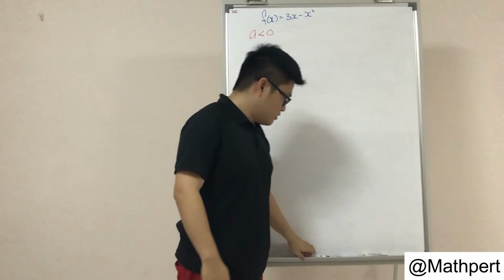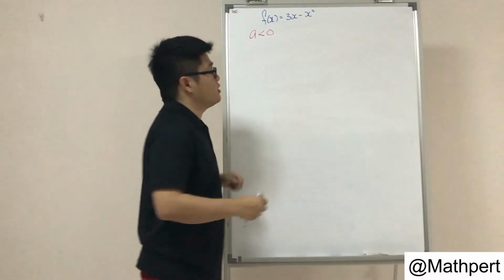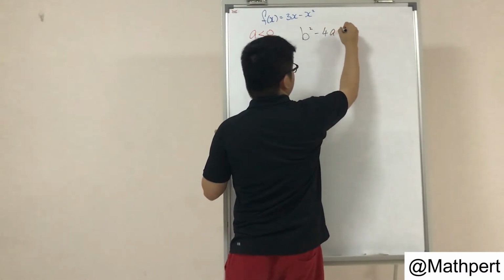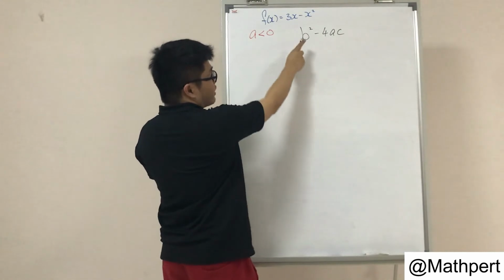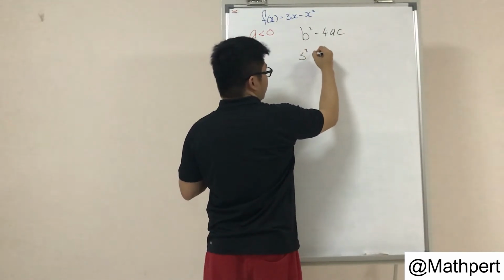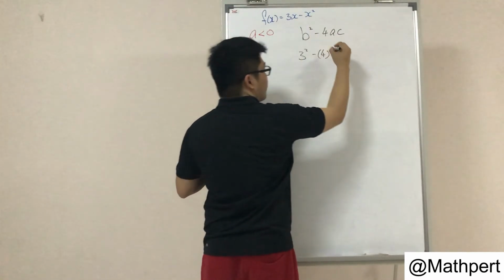Then let us find out the value of b squared minus 4ac. In this case, b is 3, so 3 squared minus 4, A is -1.